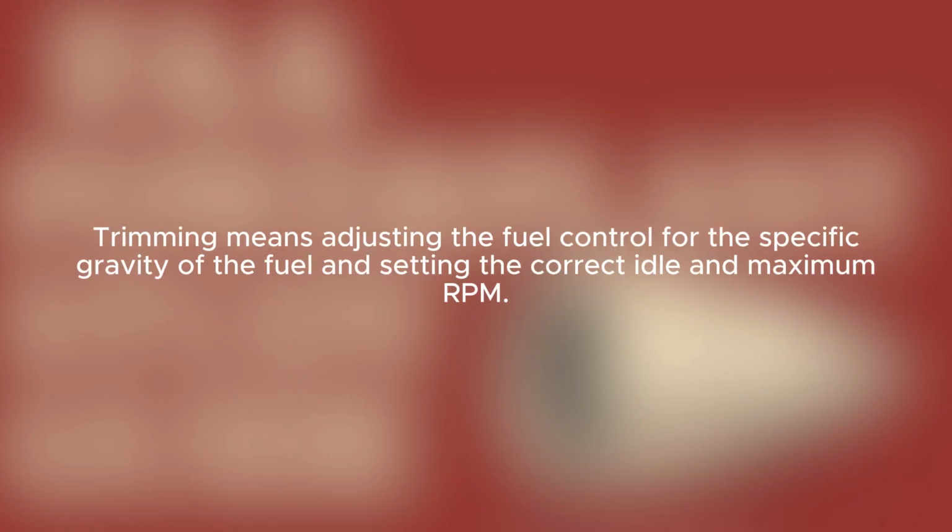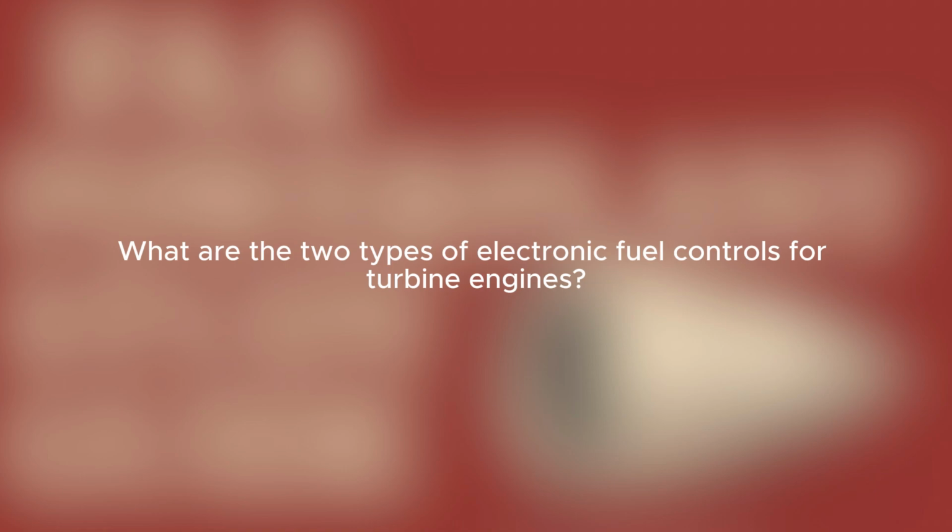Trimming means adjusting the fuel control for the specific gravity of the fuel and setting the correct idle and maximum RPM. What are the two types of electronic fuel controls for turbine engines? Supervisory electronic engine control and full authority digital engine control, or FADEC.